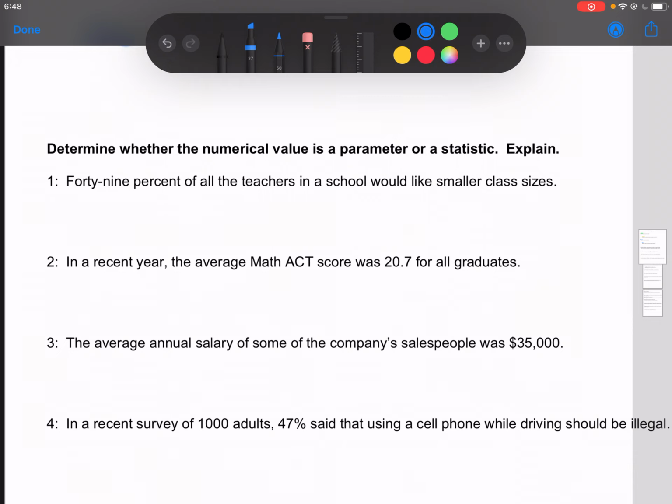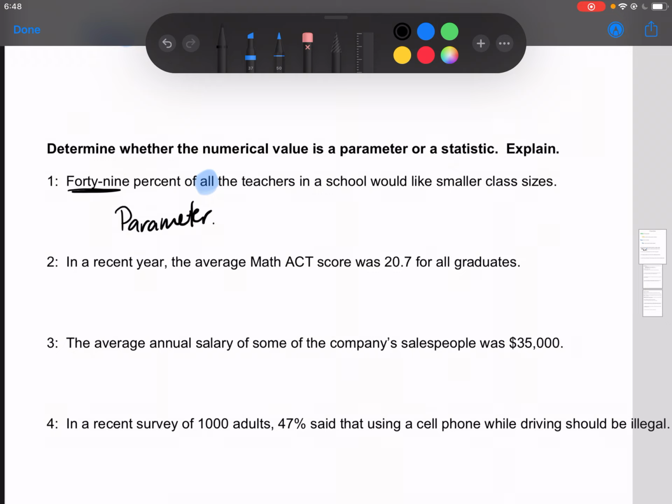So in these first few examples, we need to determine if the following are parameters or statistics. And we're talking about the numerical value. So in this case, 49%. So 49% of all teachers in a school would like smaller class sizes. So right here, anytime you see the word all or every indicating an entire group, it's a huge indication that this would be a parameter.